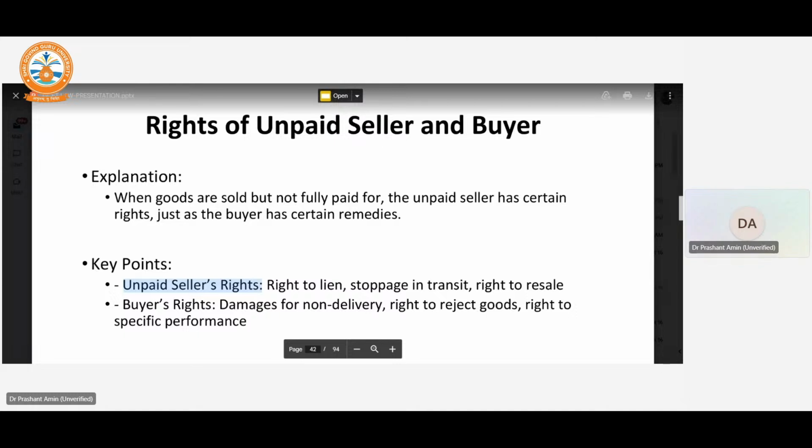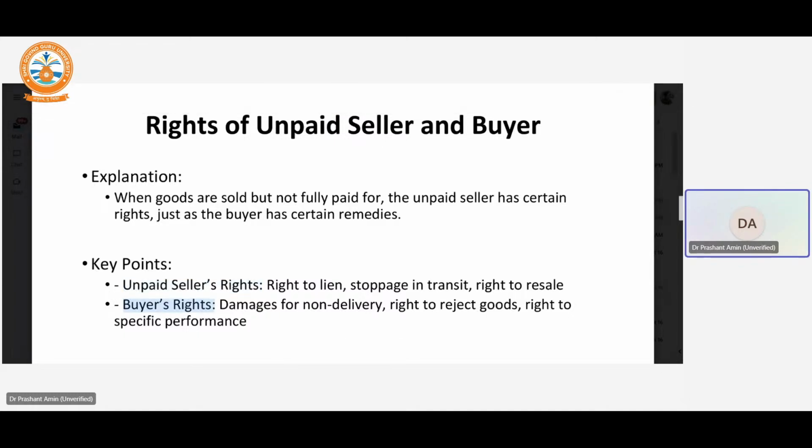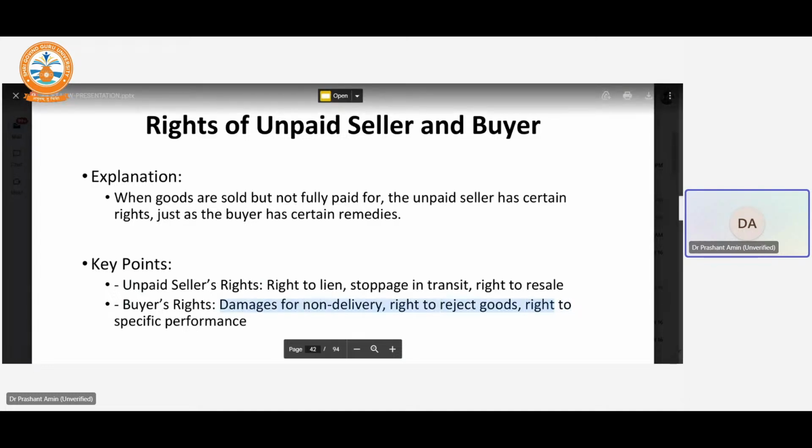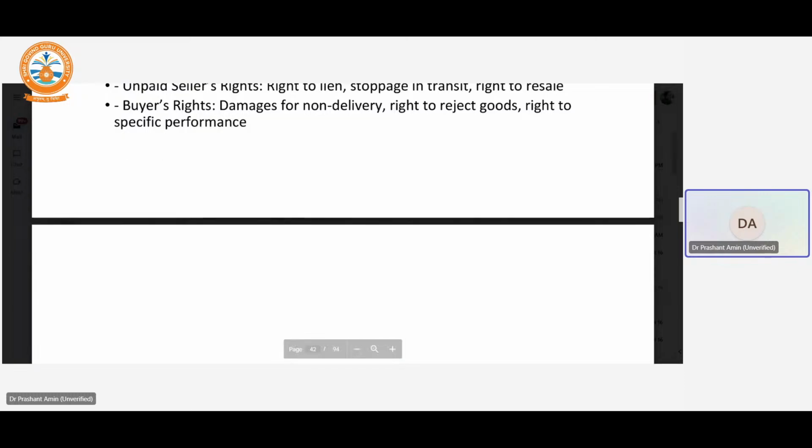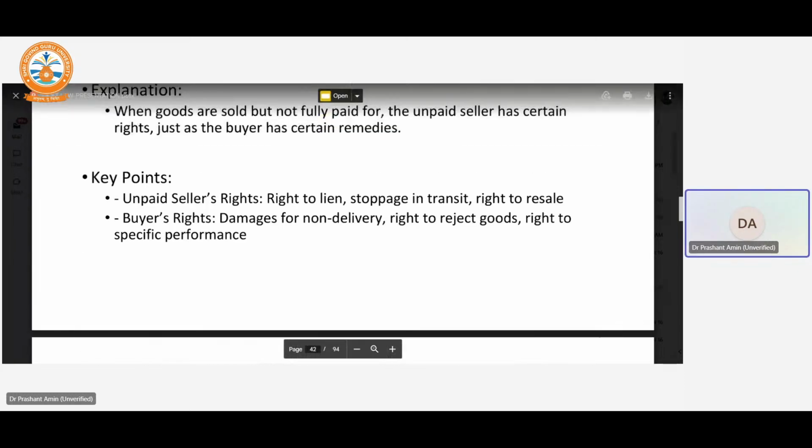What are the buyer's rights as far as the Sales of Goods Act 1930 is concerned? The buyer can claim damages for non-delivery. If the goods are not delivered in the condition expected, then he can ask for damages. There is the right to reject the goods, and the right to specific performance: he will ask that for whatever purpose I have bought this product, you have to give me that product.